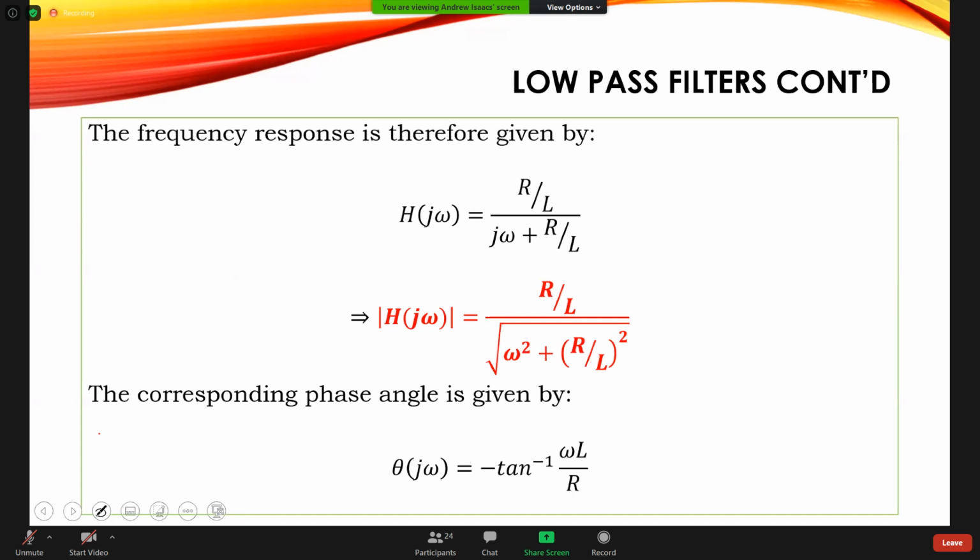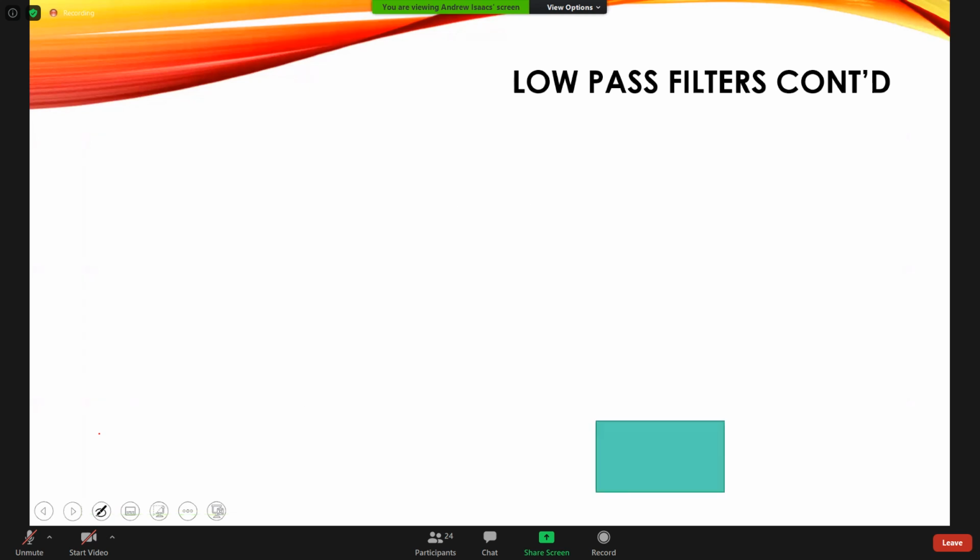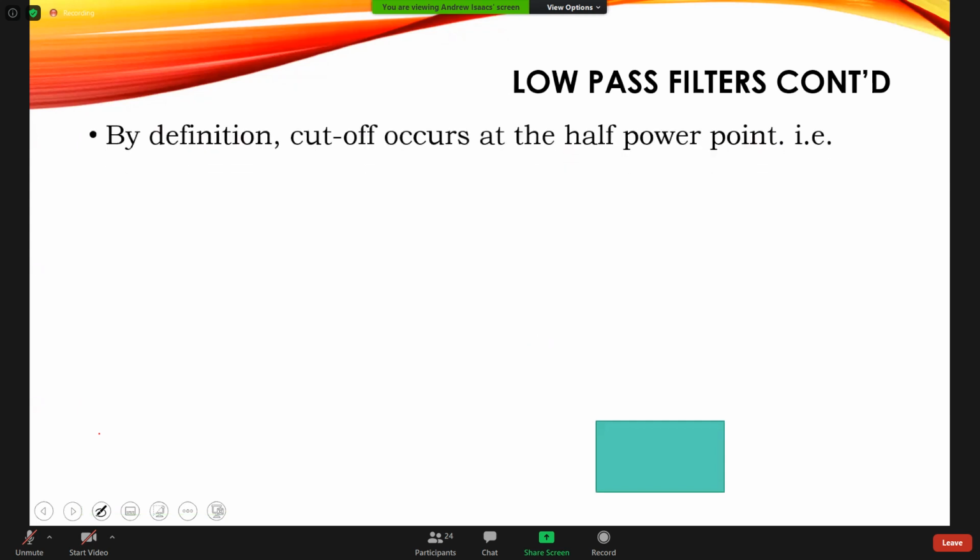Now, earlier, we said that there are a number of things that we're going to focus on. We're going to focus on the elements, the orientation, and then of course we also have to focus on cutoff. At what point does it cut off? We are going to go back to what we did in Networks 1 and introduce what we refer to as the half power points. So cutoff occurs at the half power point.